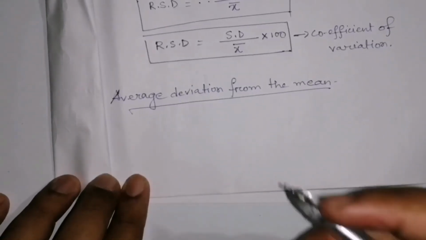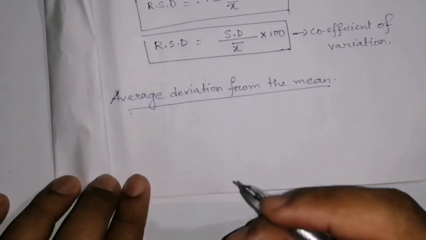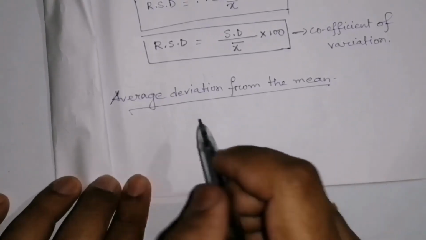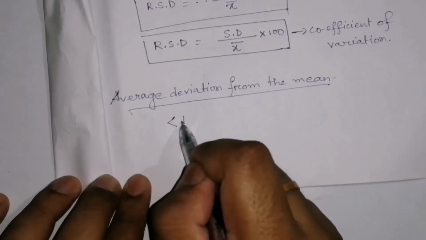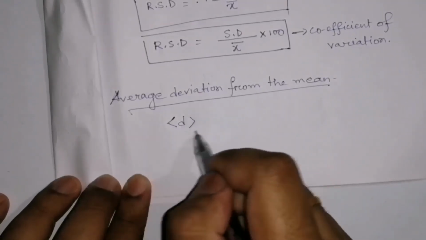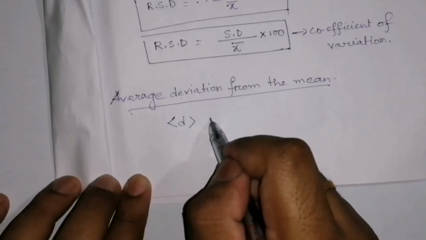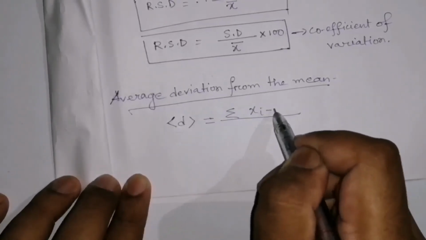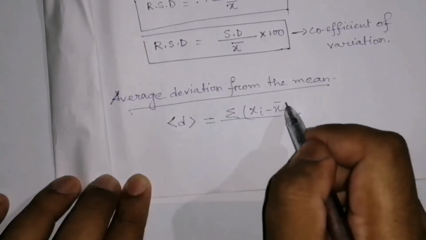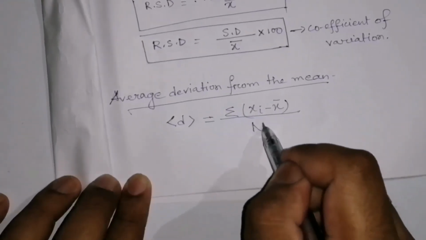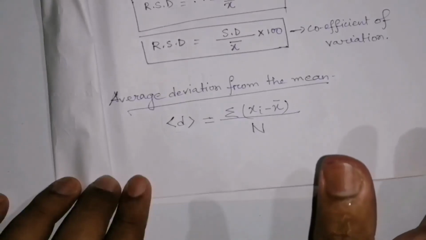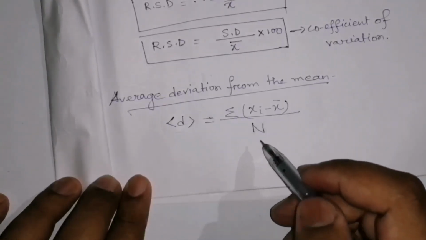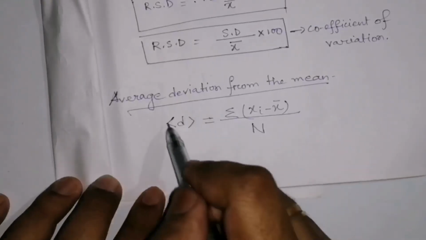The precision of a data can be expressed much more conveniently in terms of average deviation from the mean, and it is mathematically expressed as average deviation, represented by this symbol, which equals summation of xi minus x bar divided by n, where xi refers to the individual measurement, x bar refers to the mean of the measurement, and n is the total number of measurements.